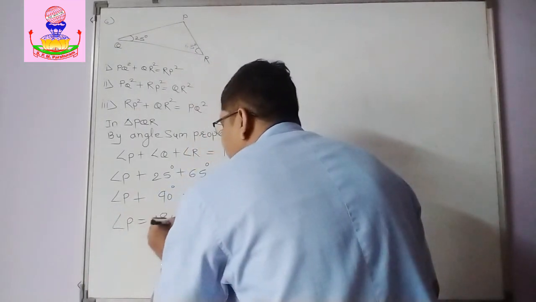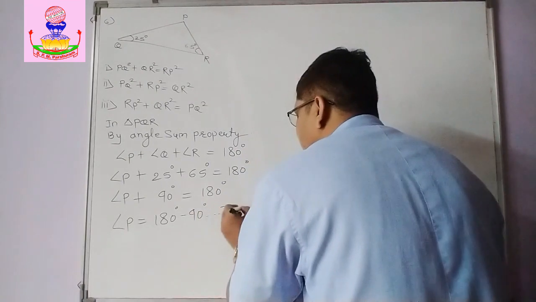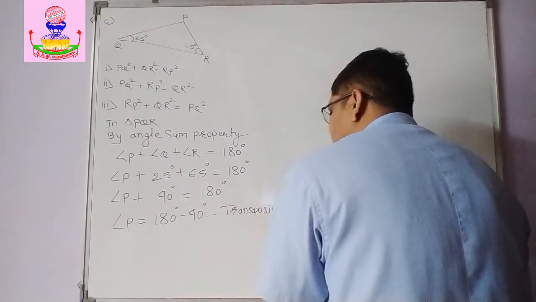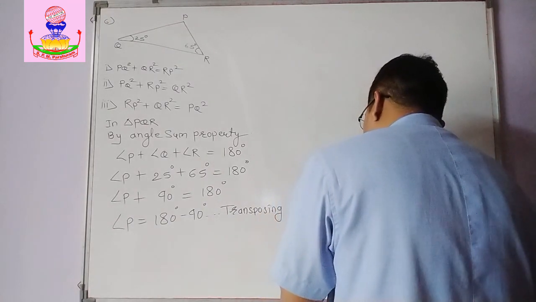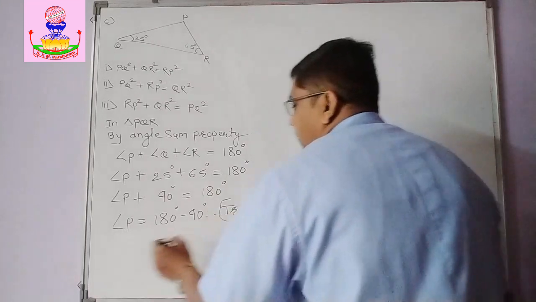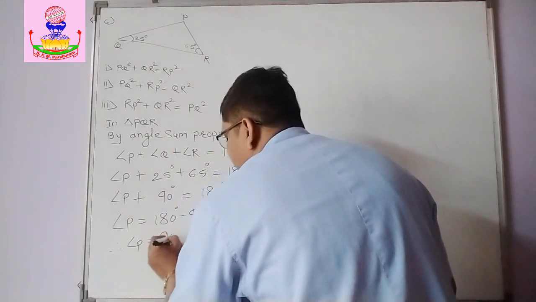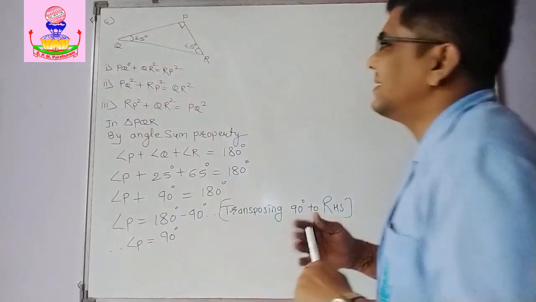So angle P is equal to 180 degree minus 90 degree. What you did? Transposing 90 degree to RHS. Okay, so therefore you get angle P is equal to 90 degree.